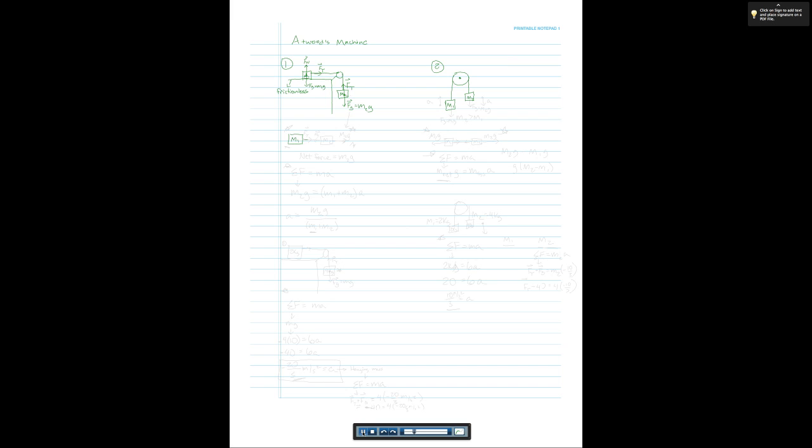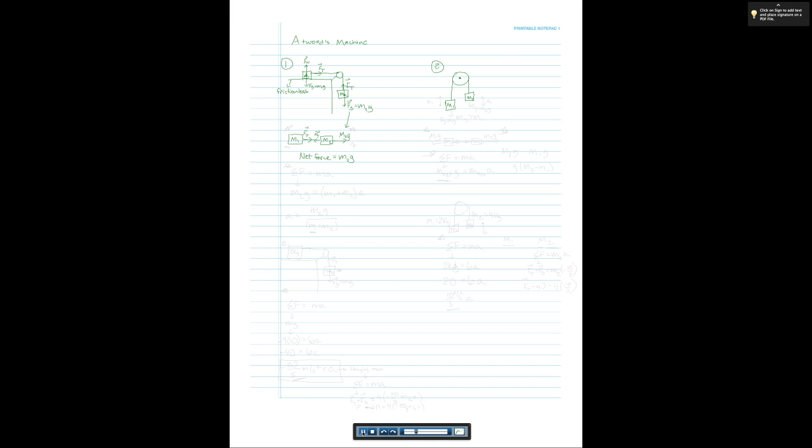Here's M1 connected to M2, and here I have M2G, which is the weight. Looking at it like that, M2G is the net force, because that's the only force that's pulling in this direction, to the right. Yeah, there's tension force here, but there's also tension force here, and they cancel each other out.